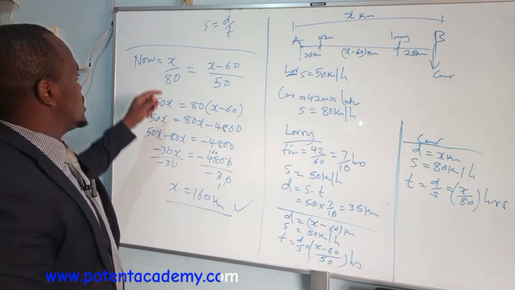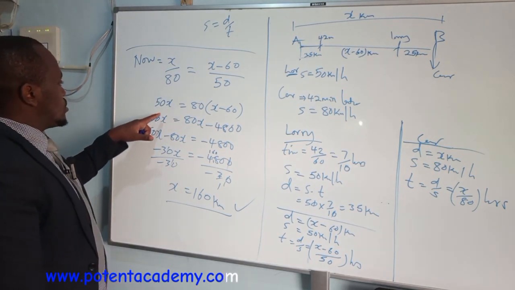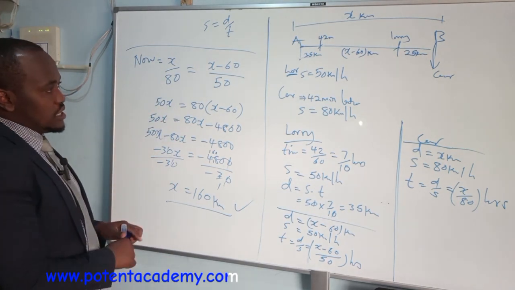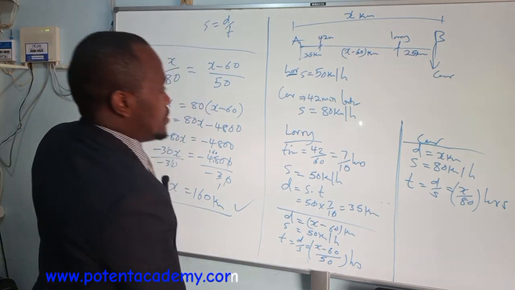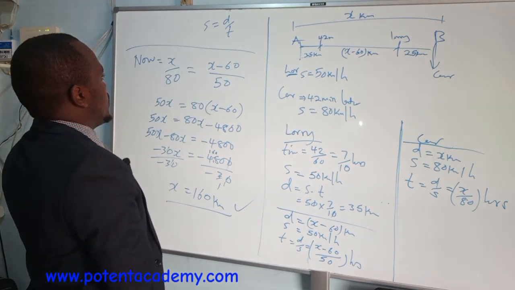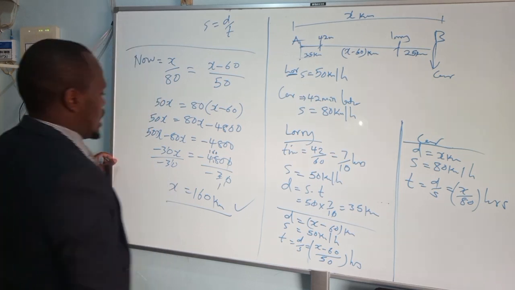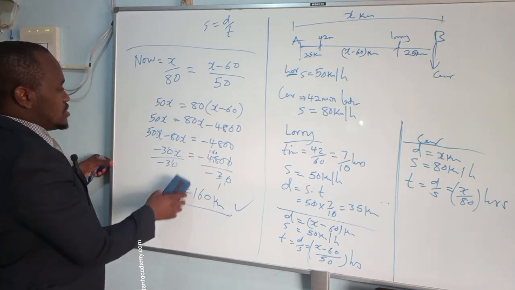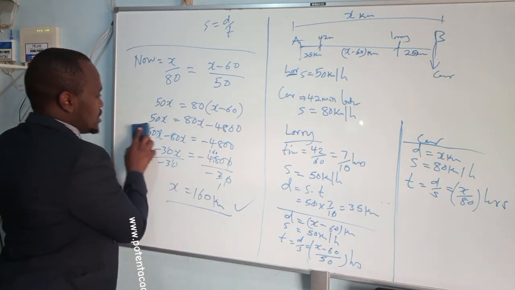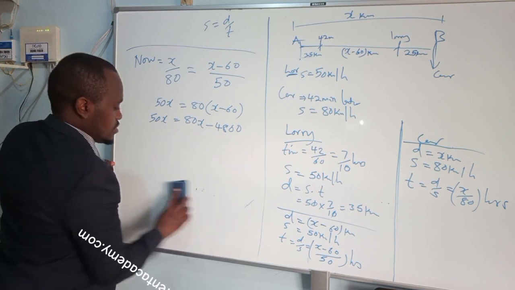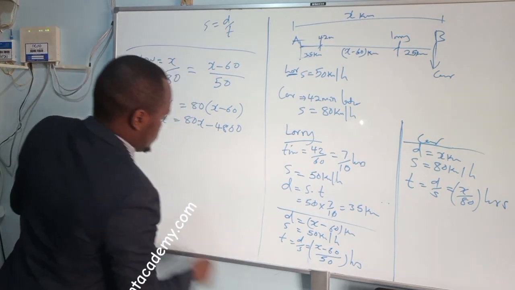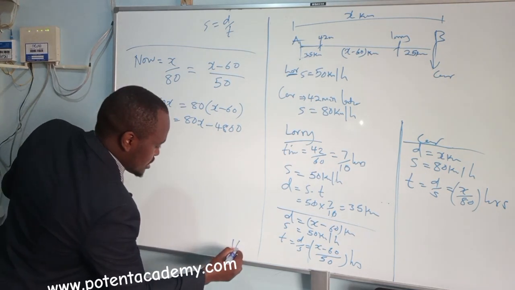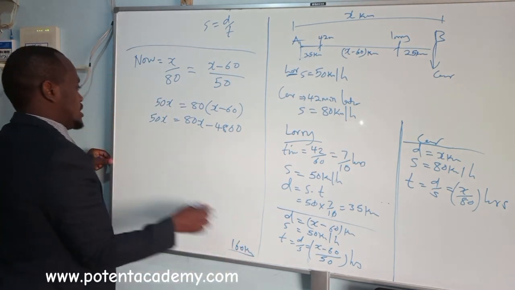I just want to demonstrate, if you cancel the zeros here, what will happen? I do not want to mess up my work, but we are just done, so we can just rub this and see what will happen. We have seen it is 160 kilometers, so we are testing again.